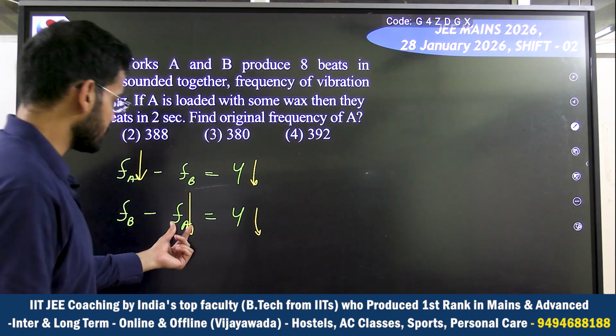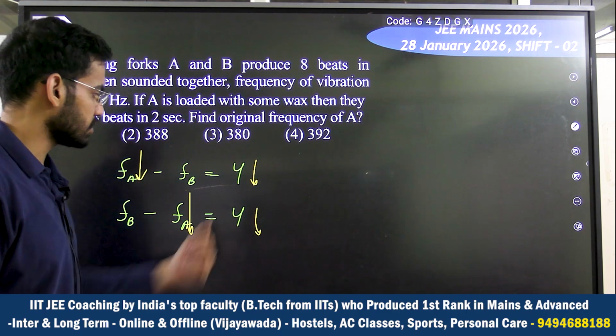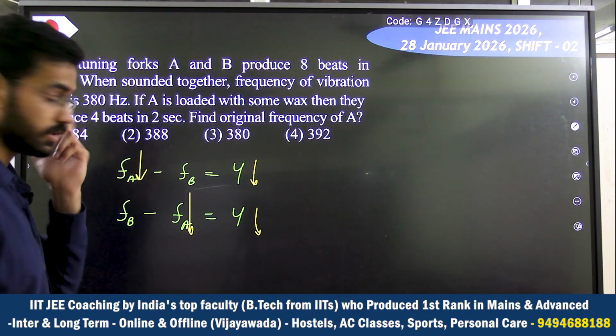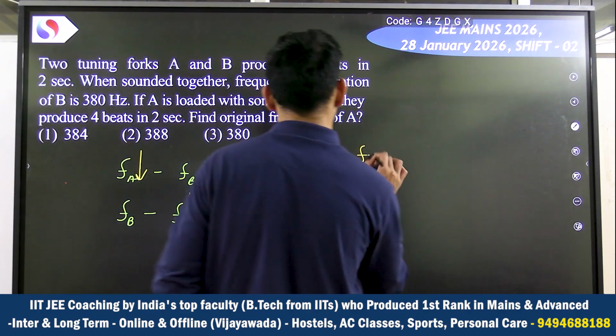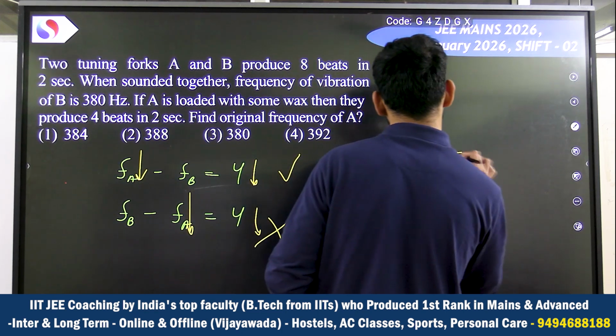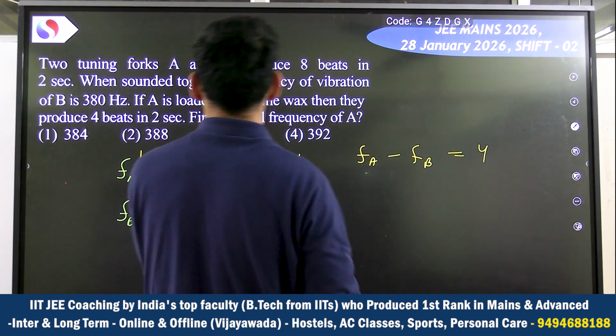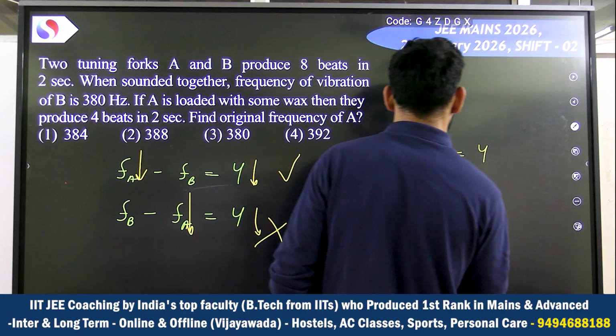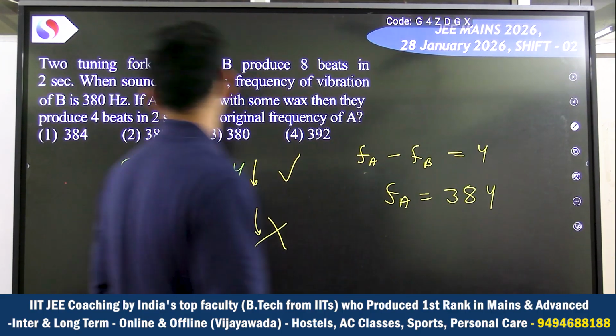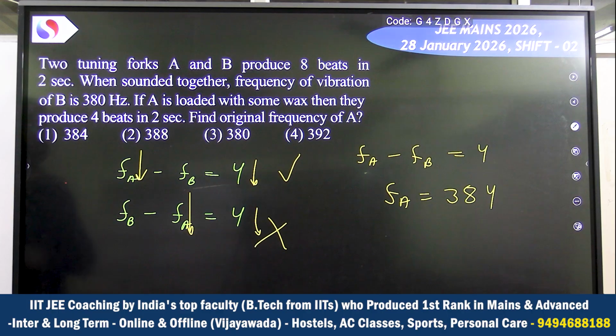If the FA decreases, will this subtraction value also decrease? I don't think so. It should increase, right? That means this is wrong and this is correct. That means FA minus FB equal to 4 is the correct relation, where FB is given how much? 380, right? So FA will come how much? 384, right? So 384 is the correct answer.